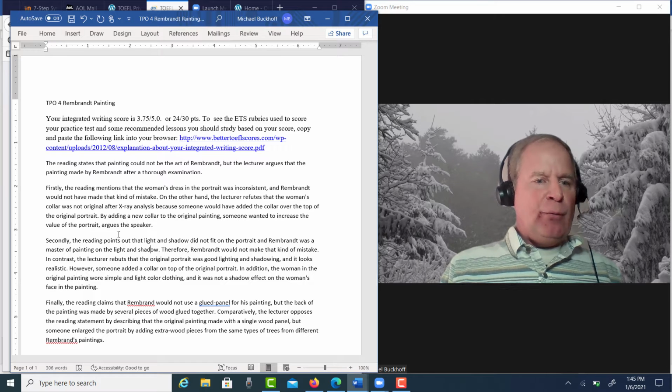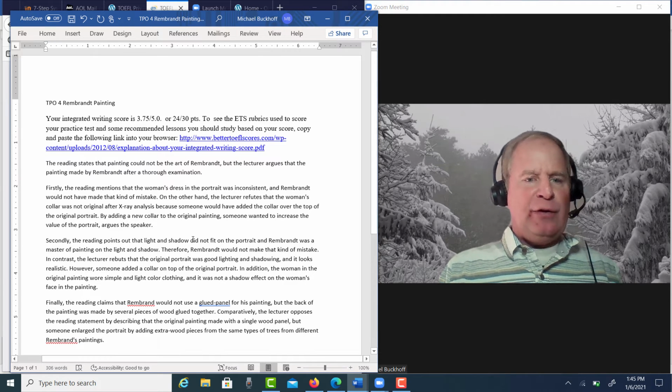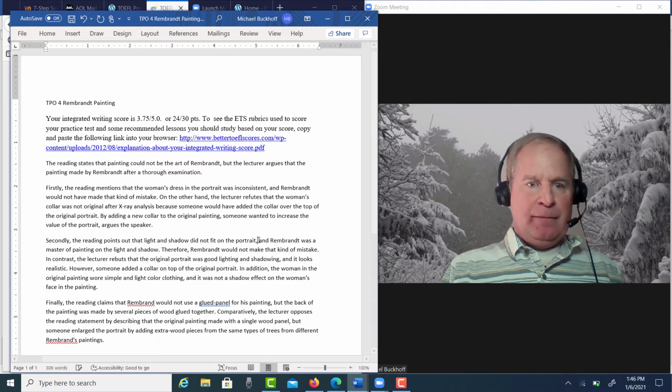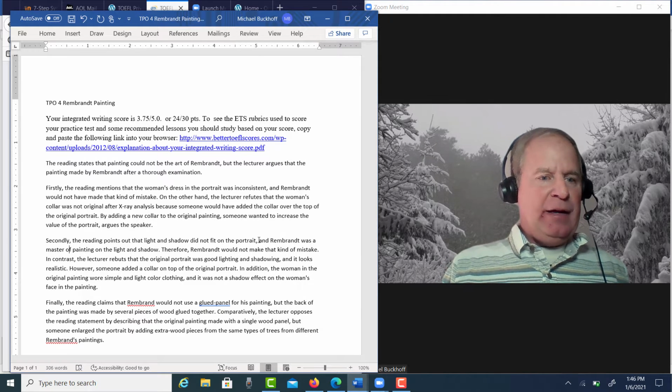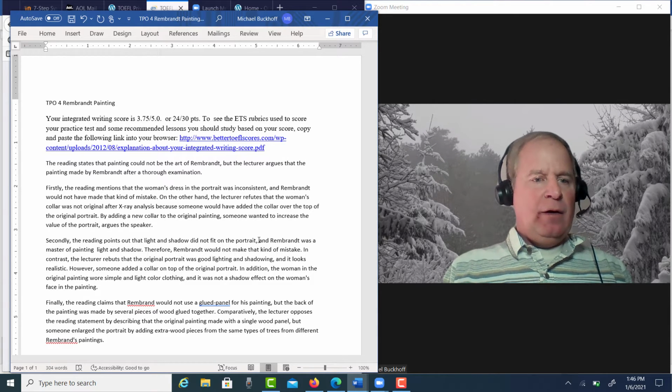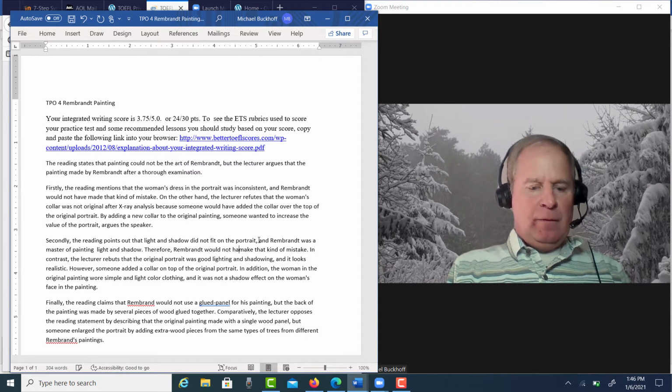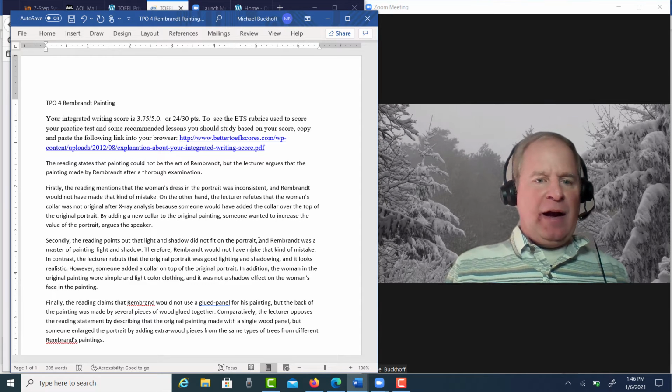"Secondly, the reading points out that light and shadow did not fit on the portrait, and Rembrandt was a master of painting light and shadow. Therefore, Rembrandt would not have made that kind of mistake.